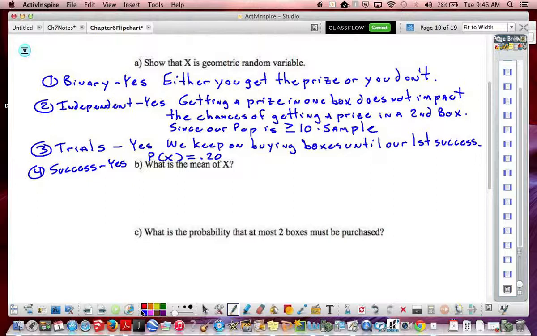All right, part B. Just talking about what is the mean of x. Well, it's simply going to be 1 divided by p. So 1 divided by 0.2 is 5.